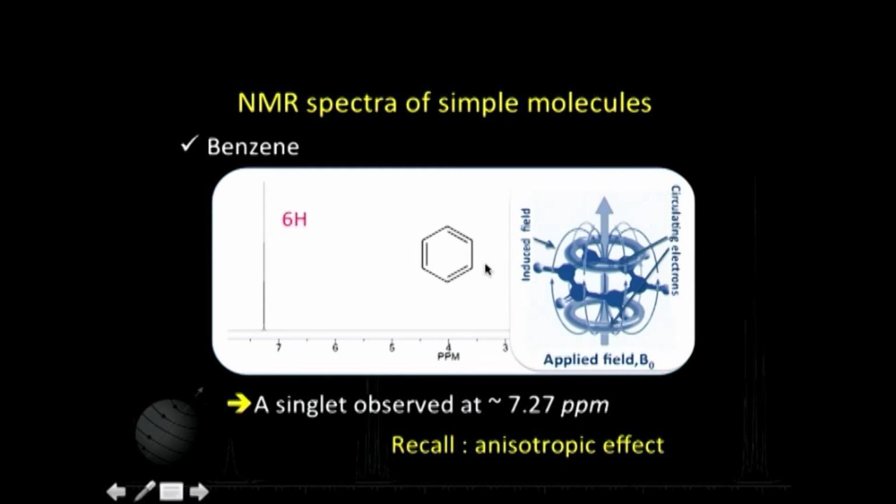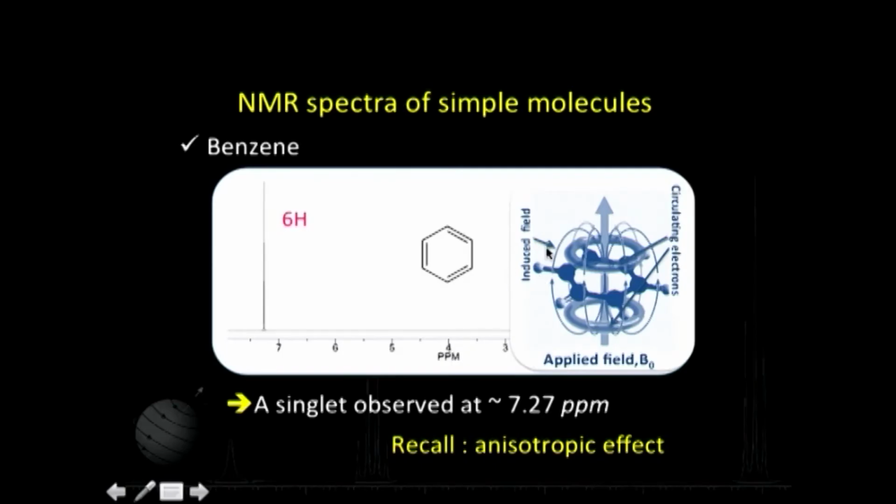In case of benzene and similar molecules, what happens is these molecules sustain a ring current because of the alternating single and double bonds. The field which is generated is such that it augments the field at the protons, and these protons go highly downfield, and typically all aromatic protons will be observed somewhere around 7 to 8 ppm.